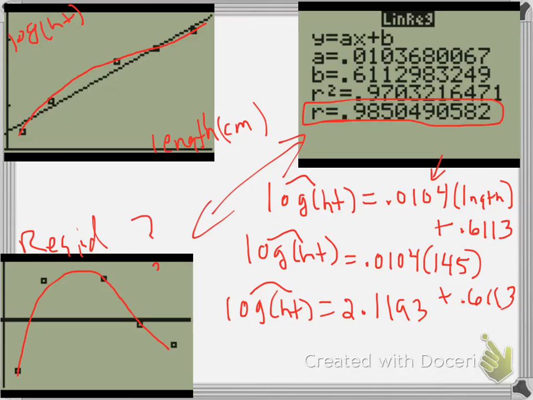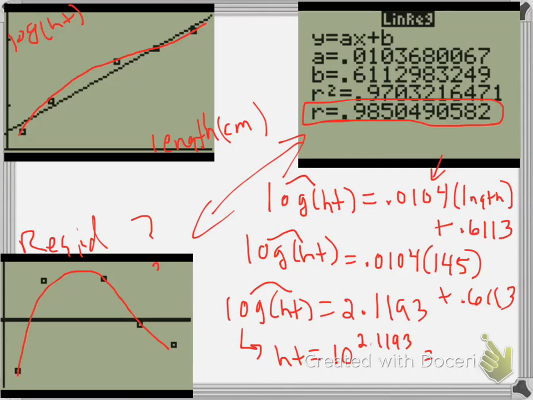And now you have to remember what logs are. Remember, logarithms, when they're written as logs, is base 10. So this really means the height is 10 to the power of 2.1193. So what is 10 to the power of 2.1193?